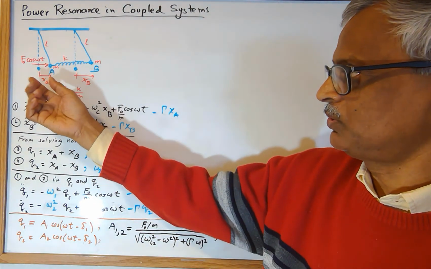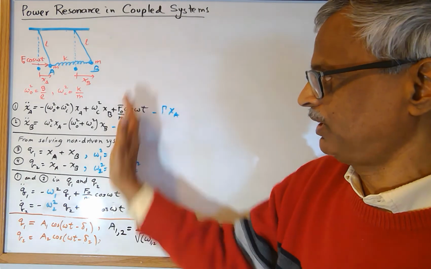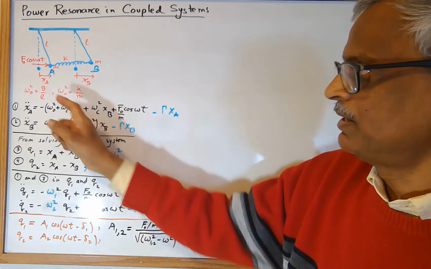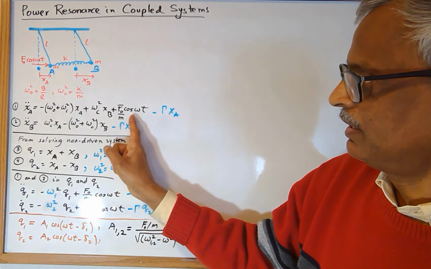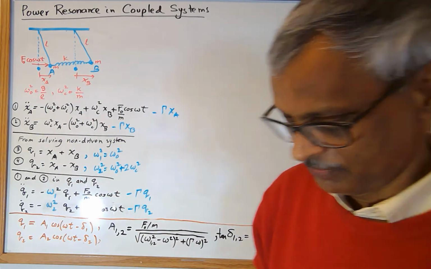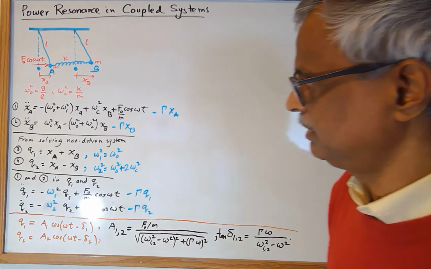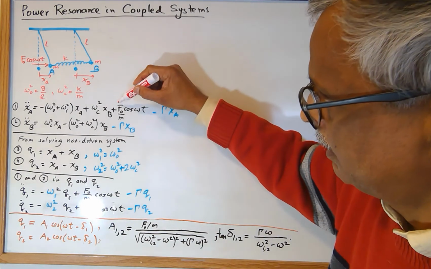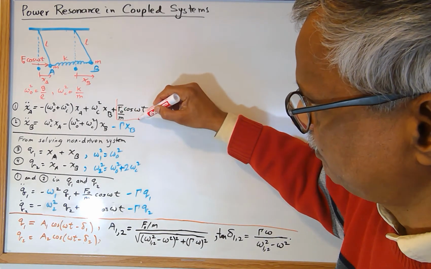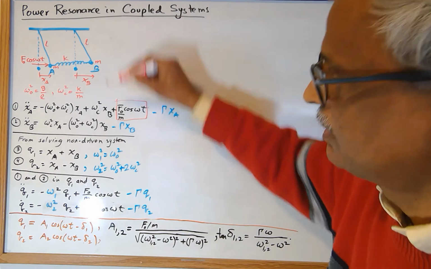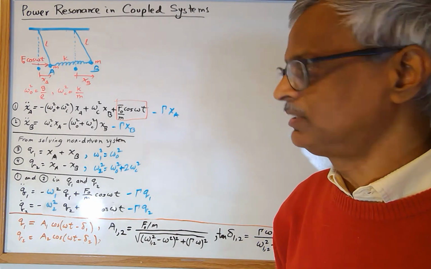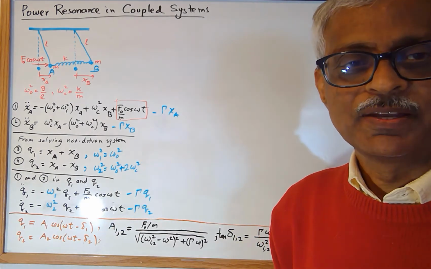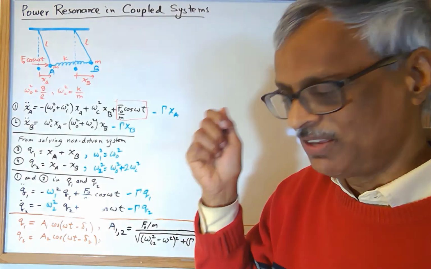We can ignore the friction for a while. If you write the equation of motion for the coupled system with an additional force, this is the driving force that acts only on A. This is preparation for when we study wave generation.